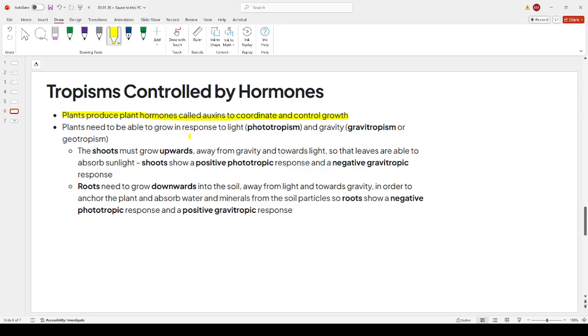Plants need to be able to grow in response to light, so phototropism, and gravity, gravitropism. Can never pronounce that word. Or geotropism. So in response to light and gravity.